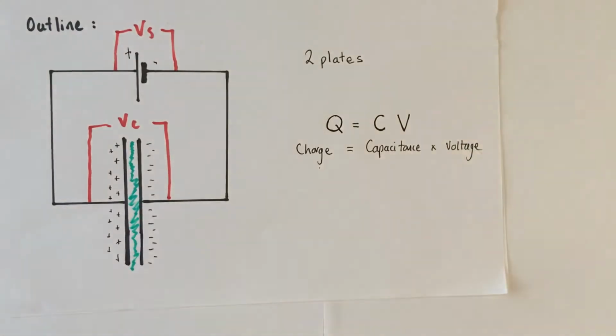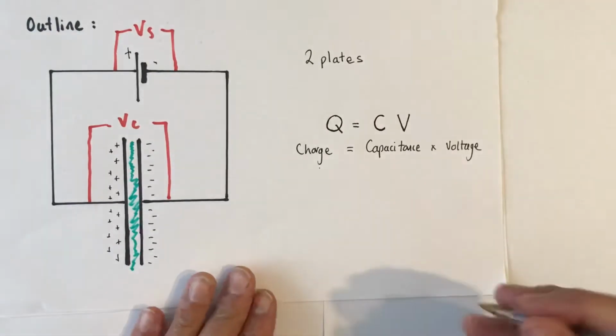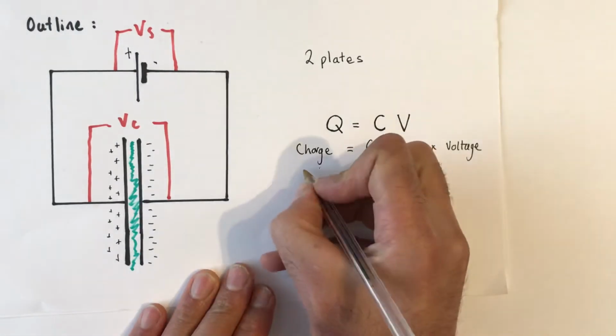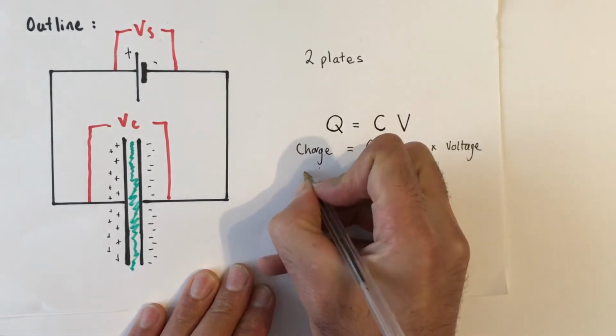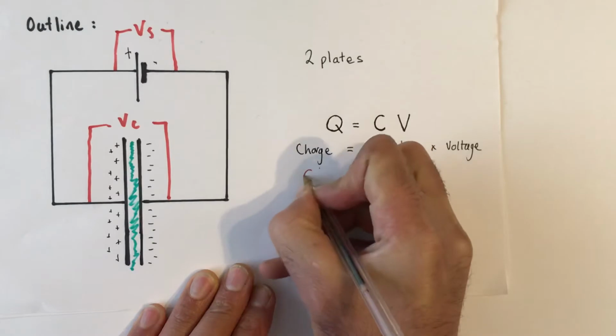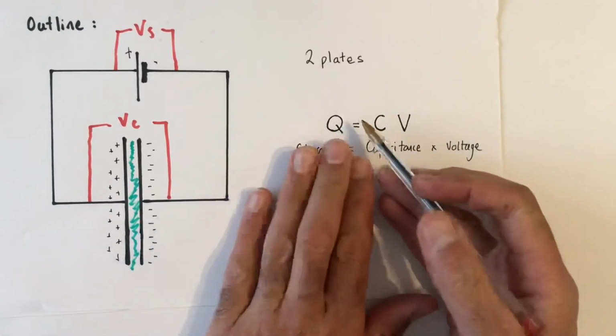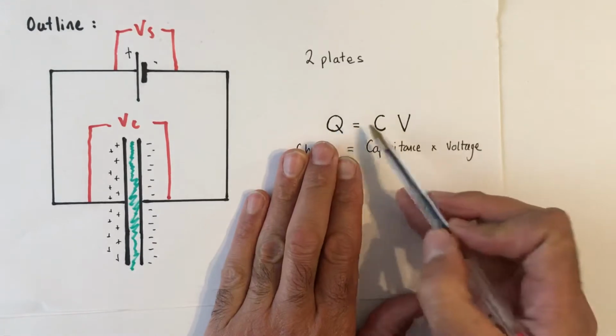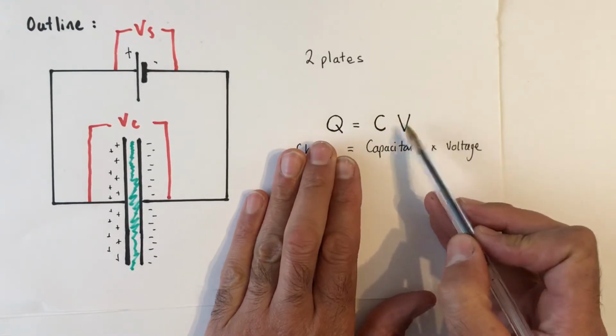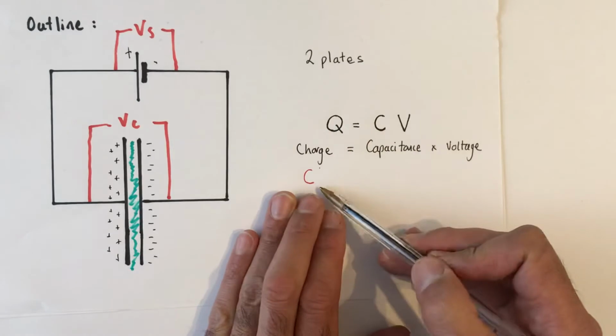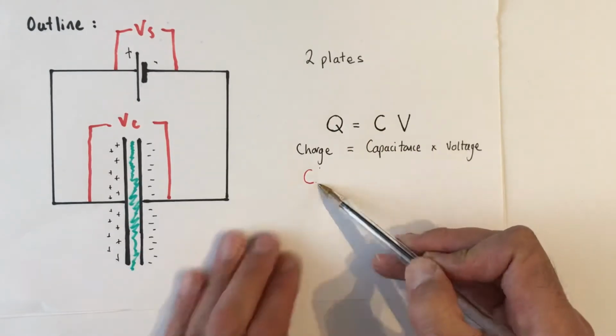And of course, the units introduce another area for possible confusion, because charge is measured in coulombs. So you know that we use a capital C. So bizarrely, in our equation, we've got Q equals CV, but the units of Q are coulombs.